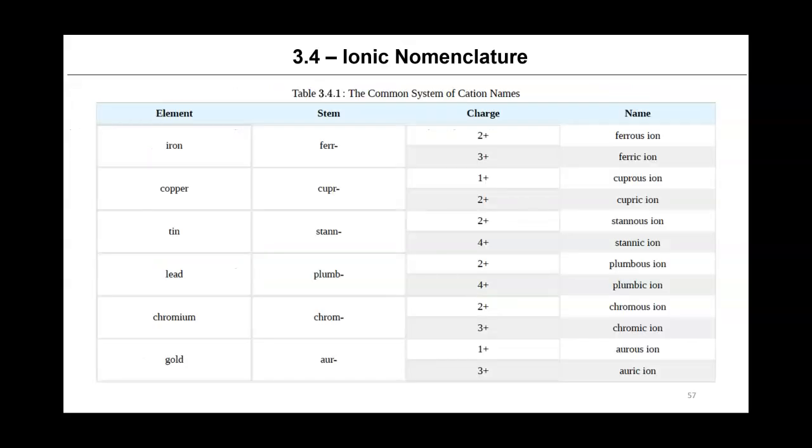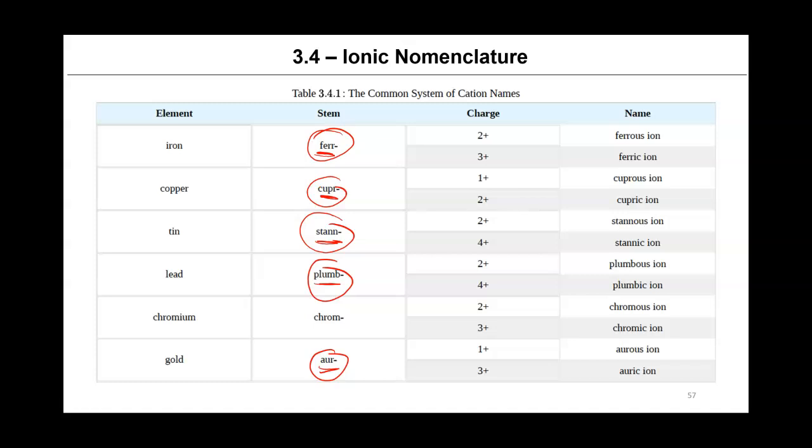Here's a table that illustrates a few more examples. It should be noted that the stem name for these elements is the Latin stem, so that adds another complication sometimes for some of these elements. So they're not just giving the first syllable of the element's name, they're giving the Latin stem, so you need to know that.